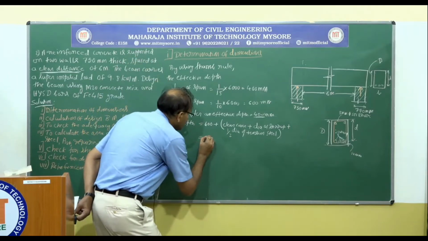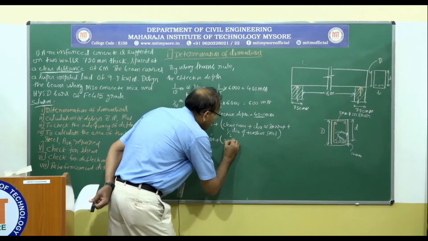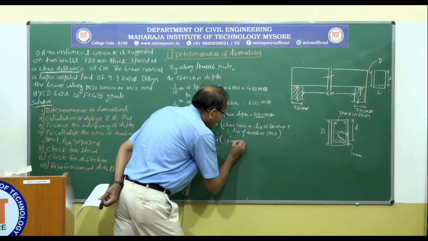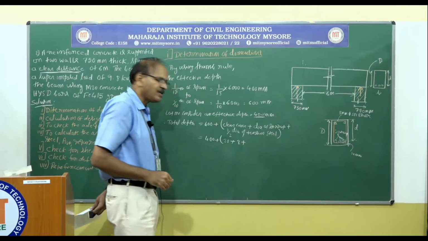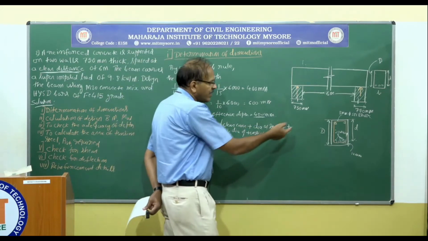That is equal to 400 plus clear cover is 20 mm plus dia of stirrups is 8 because we are using 8 mm dia stirrups, and half the diameter of tension steel.